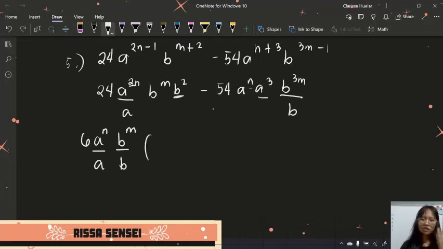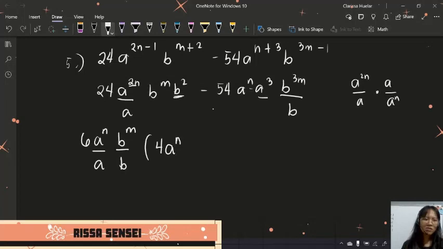Next. Ano kaya ngayon yung mangyayari sa loob ng parentheses? So, we will just divide. 24 divided by 6 is 4. Tapos, a raised to 2n over a divided by a raised to n over a. So, it will give us a raised to n. Na-imagine nyo ba yun? Okay?